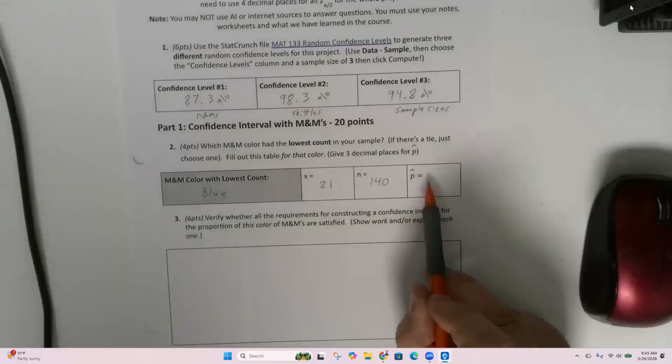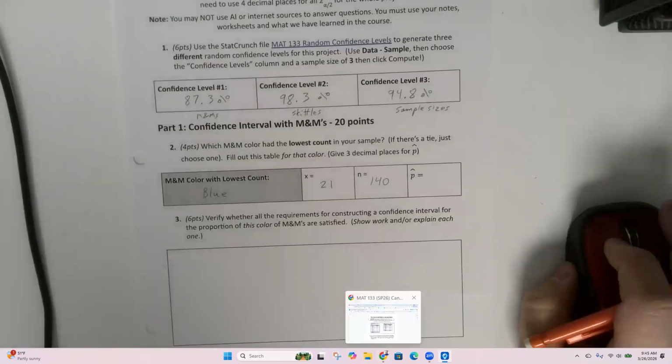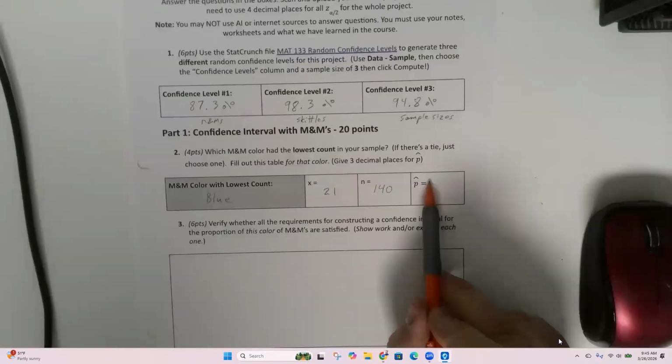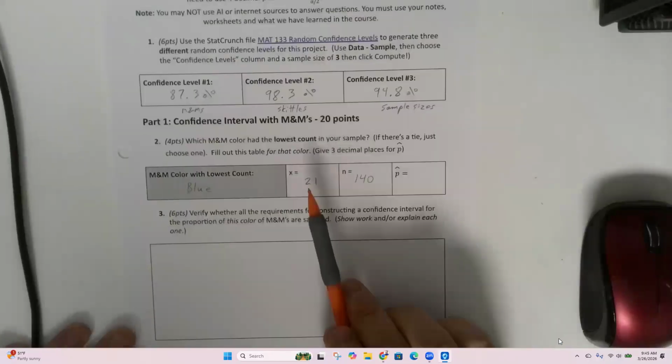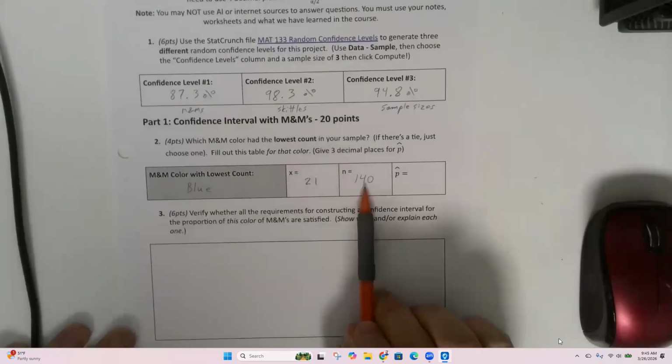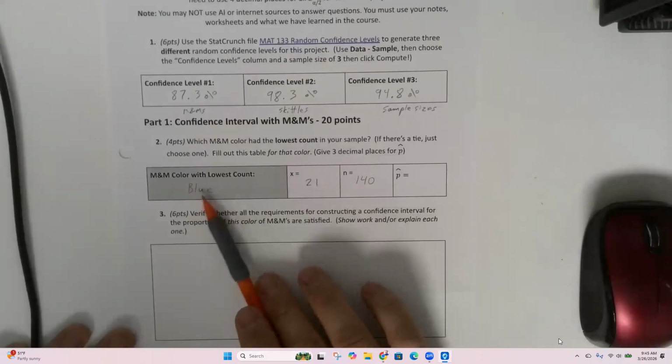P hat. So that is not in the table in the data that we collected on Tuesday. I have to calculate that. So you'll remember that probability is the number of wanted outcomes divided by the total. So I want to look at what's the probability of blue in my sample.